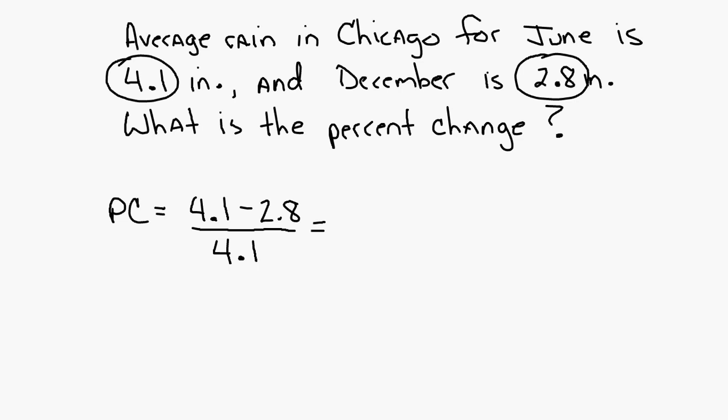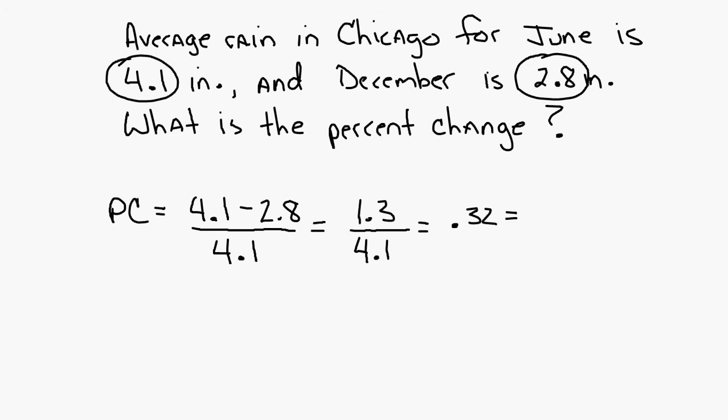So 4.1 minus 2.8, 1.3 is your amount of change. You're going to divide that by the original amount, which is 4.1. So 1.3 divided by 4.1 is 0.32.